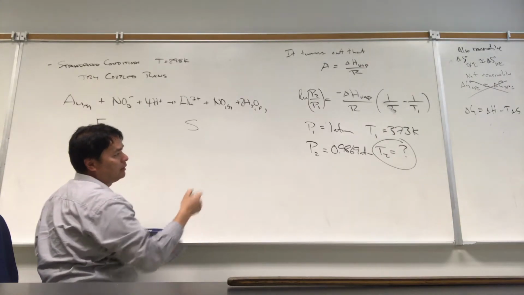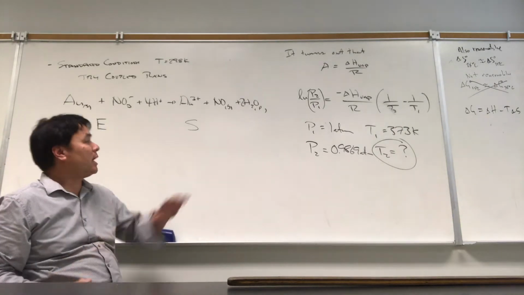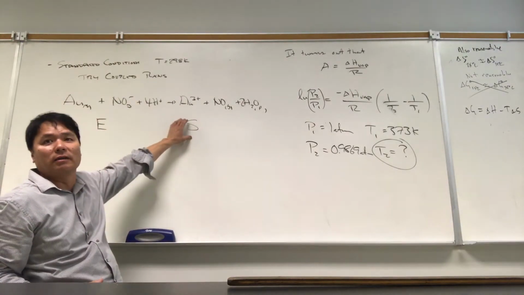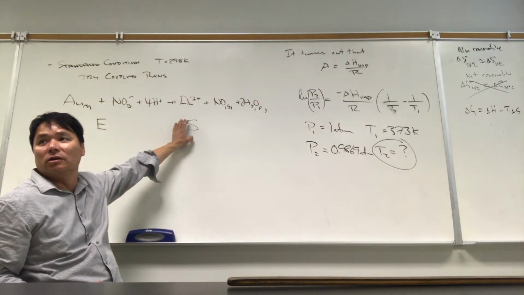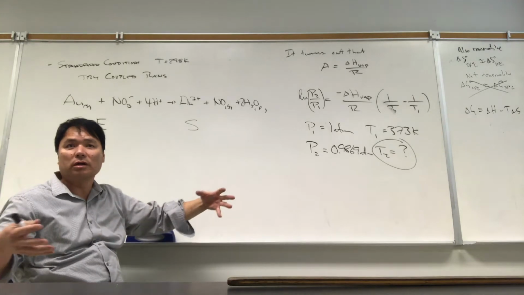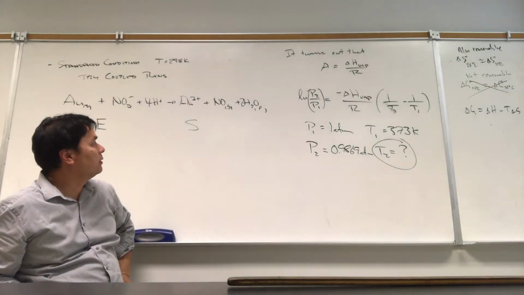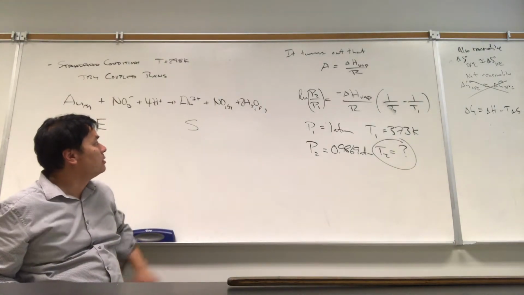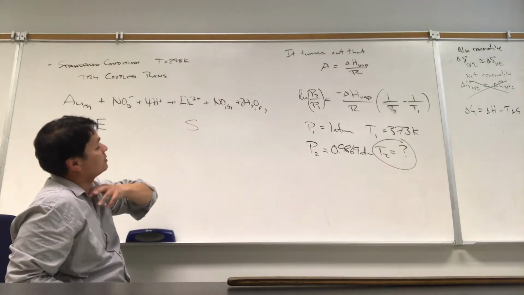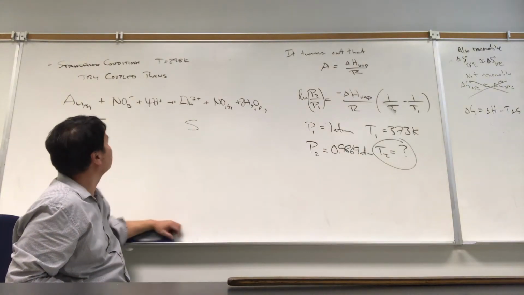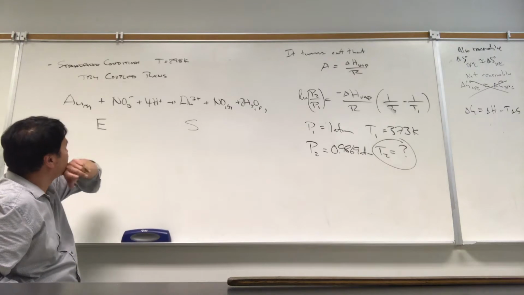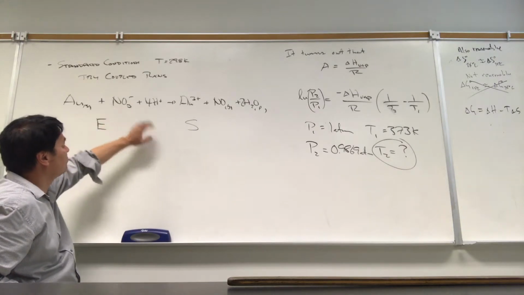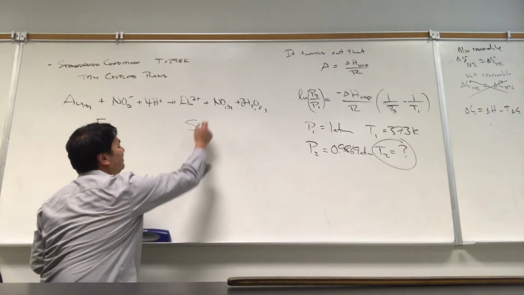I forgot, when we form a gas like this, that requires work. We're going to think about that. And so a mole of gas will expand the volume by about 25 liters. And so the entropy is going up.